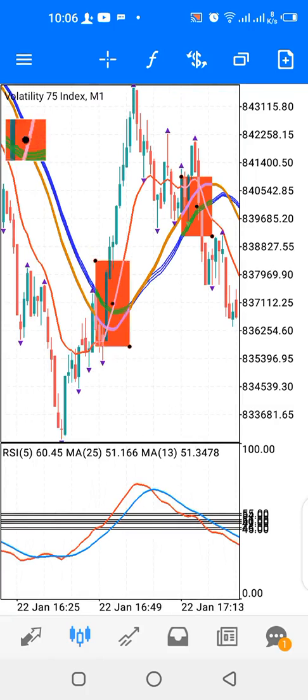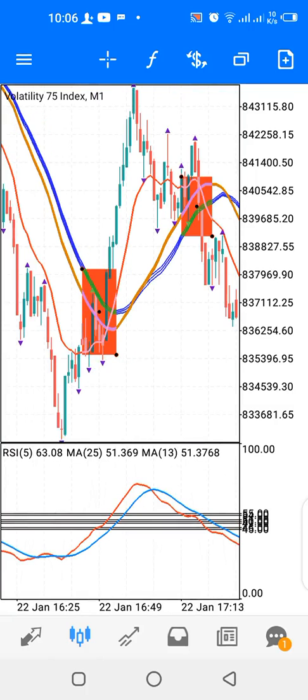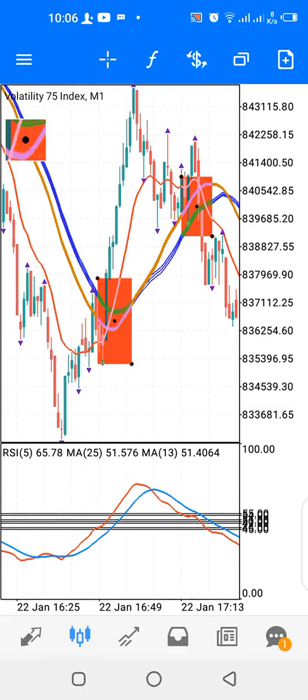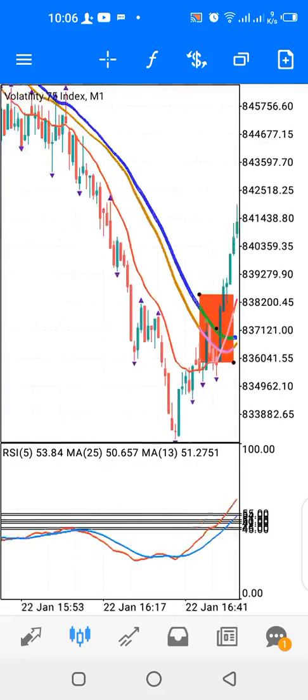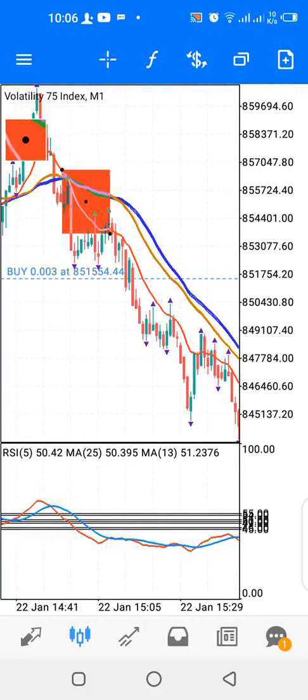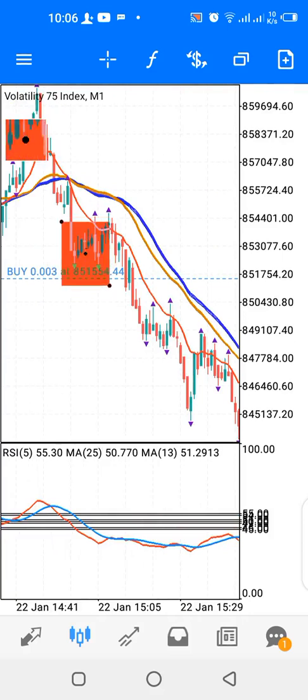Just allow the red line, which is the 13 period moving average, to cross above the two Bollinger Bands, and price stays above all indicators for you to buy. Allow the 13 period moving average to cross down, and price stays below all indicators, then you sell.